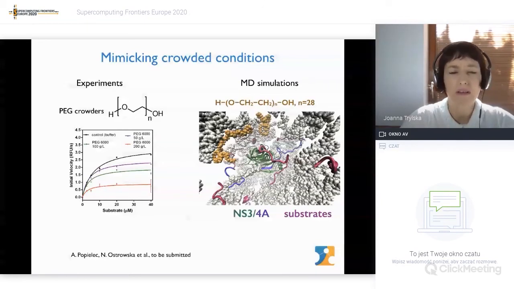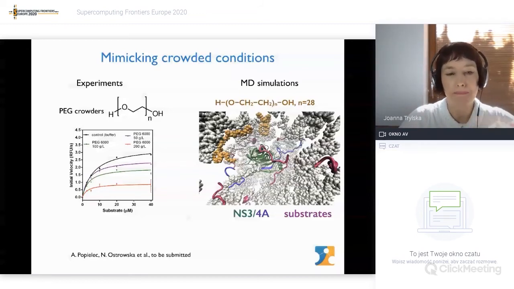I think this is only in the last decade that people started to acknowledge that it is important to study reactions in some cellular mimicking conditions. So what she found is that the initial or maximal velocities of the reaction depend on the conditions, and the velocities are slowed down in the presence of polyethylene glycol molecules, and this is what you see in the left graph.